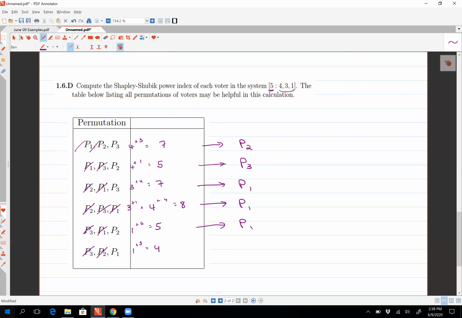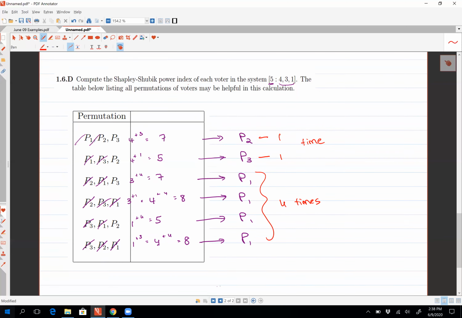That would give us a total of 4, which is not enough yet. We need voter 1's votes as well to put us above the threshold. So voter 1 is pivotal 4 times, and voters 2 and 3 are only pivotal 1 time.